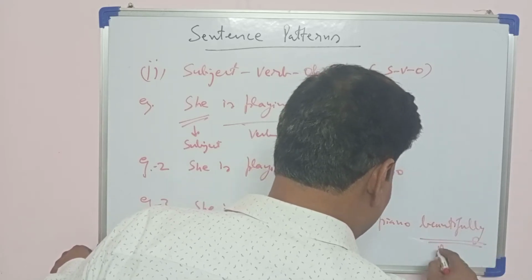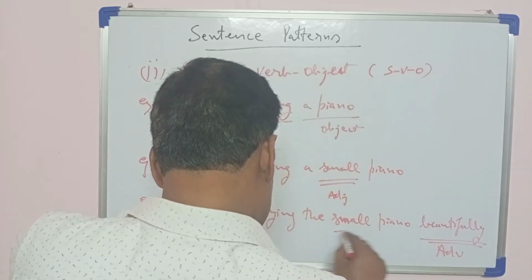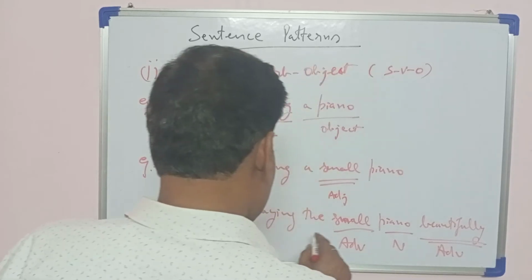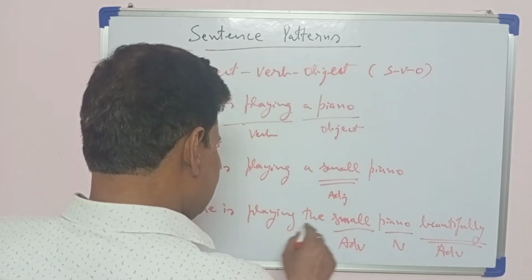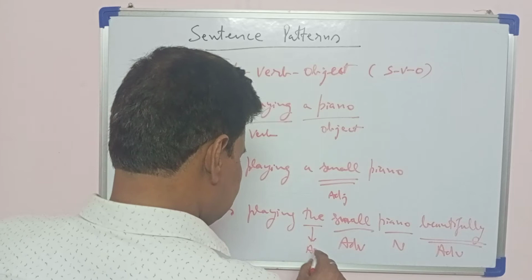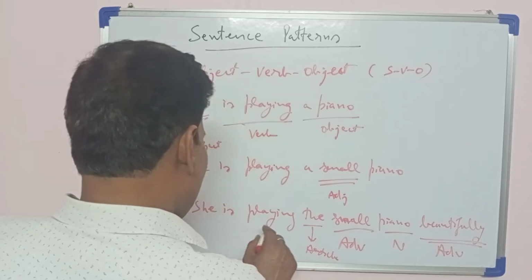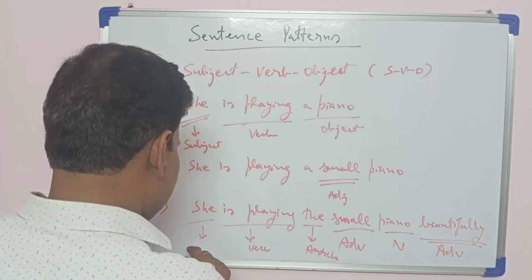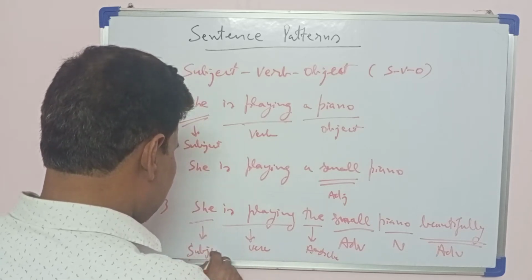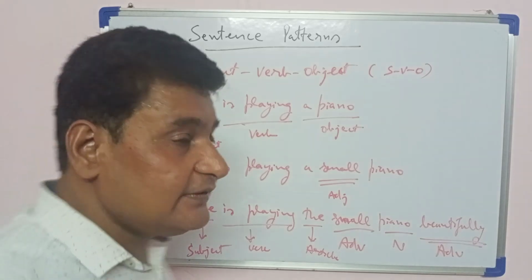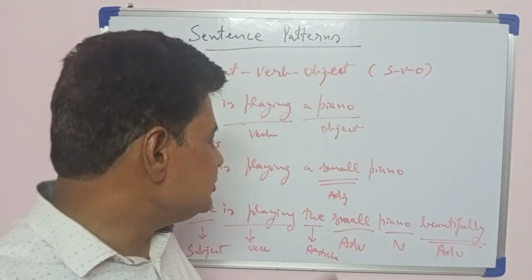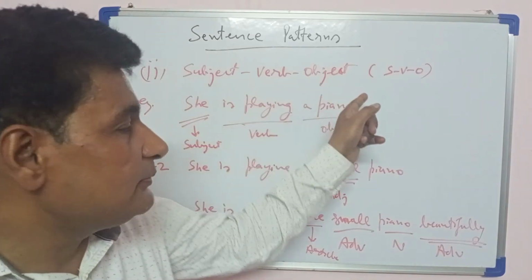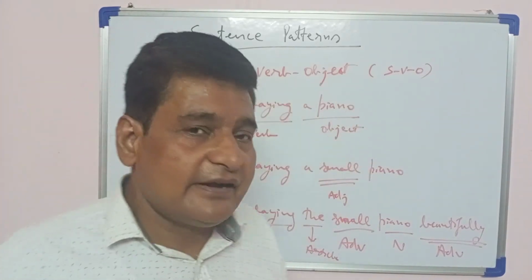So here you can see that adverb is used, adjective is used, this is noun, this is the article, and this is the verb, and this is the subject. So you can see how the sentence is expanded by using some other parts of speech. So this is basically subject, verb, object that we are understanding here.